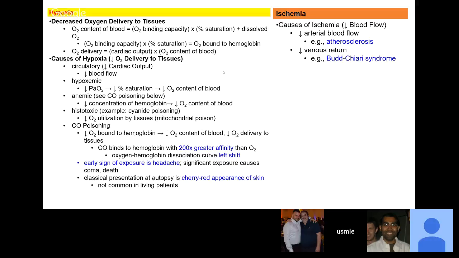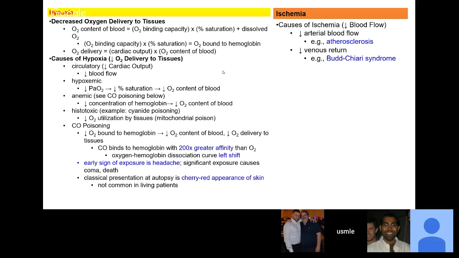So blood, heart, and vascular, obviously blood vessels, are going to be the big causes of hypoxia.